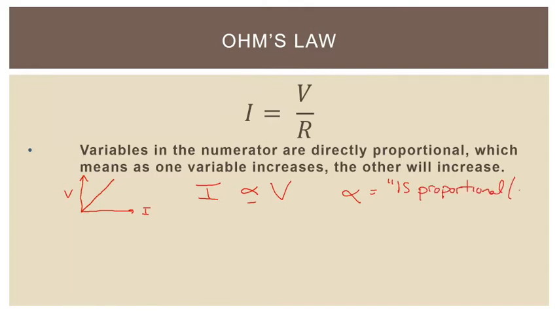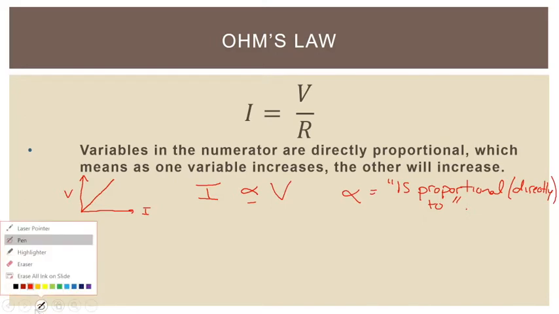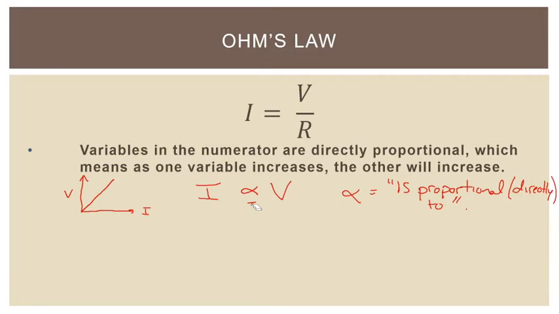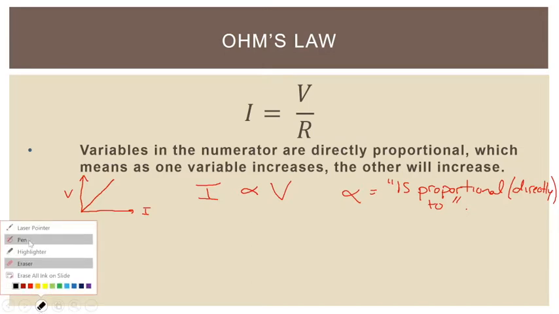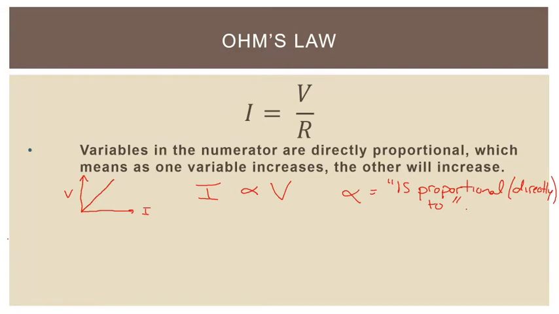And we can say it really means it's directly proportional to. And since that's something we're definitely going to want to mention in these explanations, it's definitely something that we're going to want to write down. And so this symbol alpha here tells us that those two variables are directly proportional.